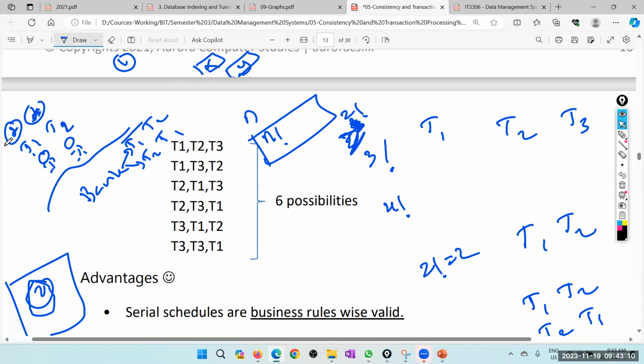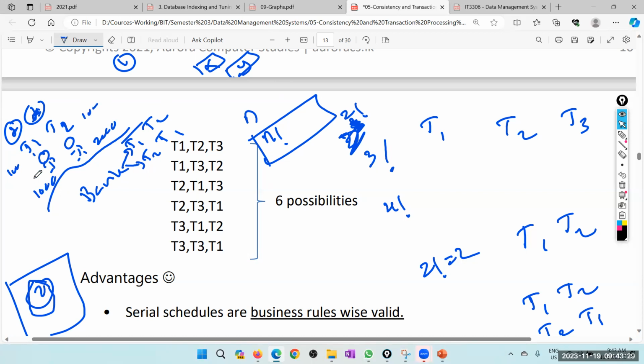Anyone? Now in the earlier example, say this guy had 1,000 in the balance, this guy had 2,000, this guy came to withdraw 100, this guy came to withdraw 100.